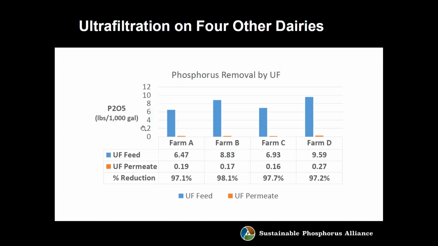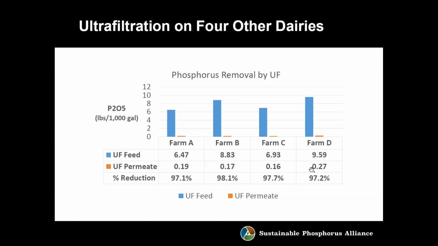This just shows you some additional farms. We've done a couple dozen farms in pilot tests to date, but just to show you this isn't a phenomenon unique to that one farm. These are all other farms throughout the country, showing again incoming, the UF feed, which would be the liquid manure coming in somewhere between 6 and almost 10 pounds of P2O5 per 1,000 gallons, and again, reduction to that level of 0.2 to 0.3 pounds per 1,000 gallons in the permeate.